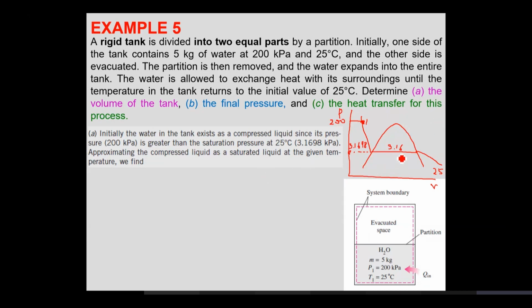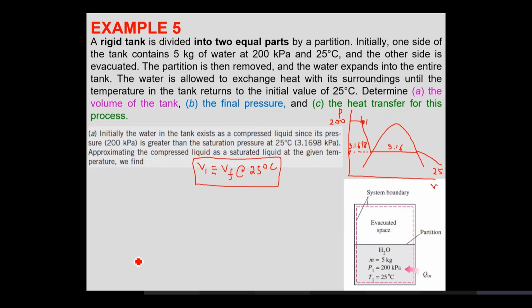Are you in the superheated region, mixed region, or compressed liquid region? You are in the compressed liquid region because your pressure is greater than the saturation pressure. So for the compressed liquid region, the approximation is that the specific volume at state 1 can be approximated as Vf at the same temperature, which is 25 degrees centigrade. This is the approximation that you can use for compressed liquid.